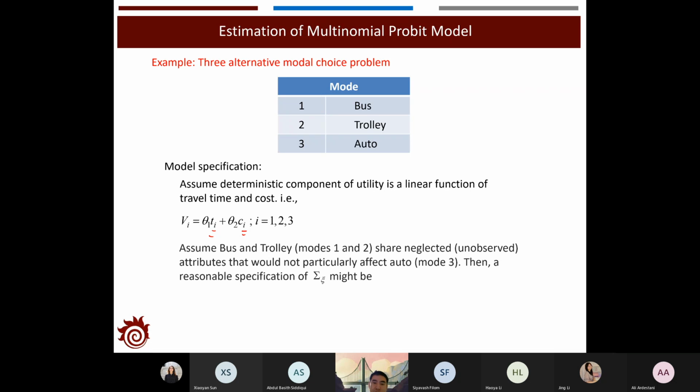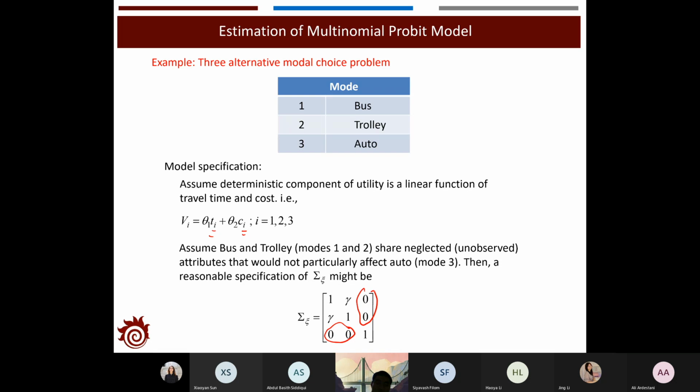And we also assume that the bus and trolley share the neglected attributes, and that won't affect the performance of the auto, which means that the bus and trolley are correlated with each other, but they are independent of the auto.